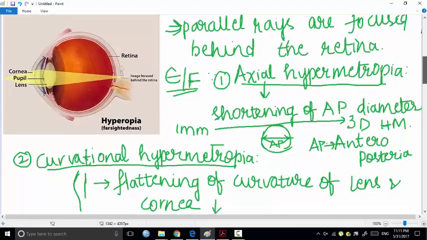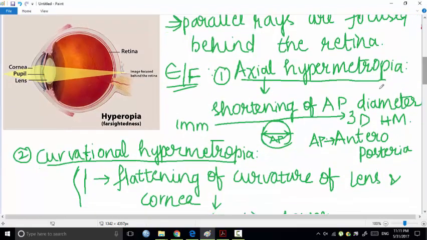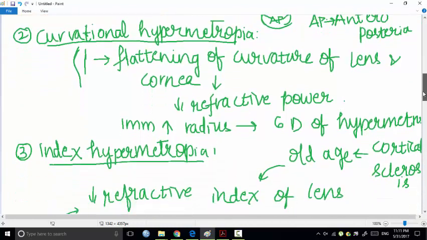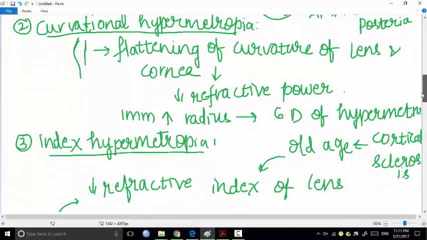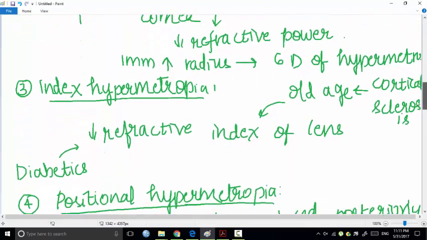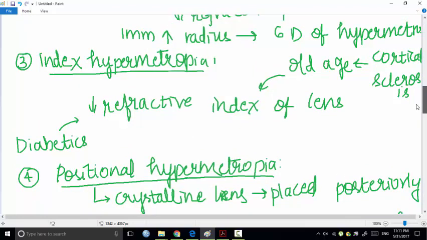One is axial hypermetropia, that is shortening of the anteroposterior diameter, and the other is curvature hypermetropia, where there is flattening of curvature of the lens and cornea. Index hypermetropia, where there is decrease in refractive index of the lens.